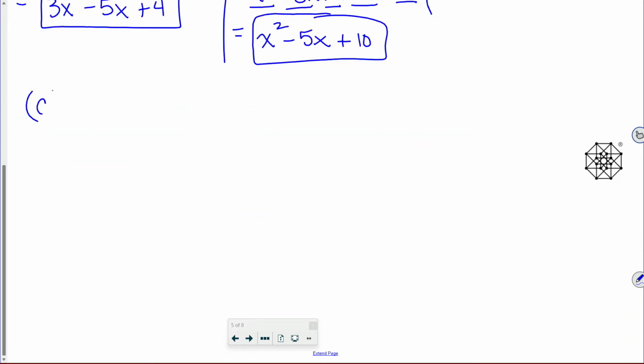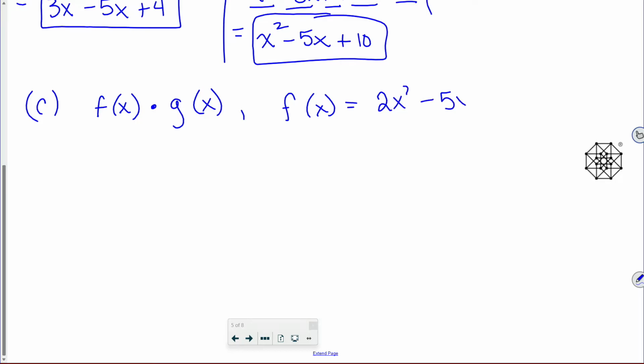So letter C, we want to do f of x times g of x. And let me just write what those two are down again so that we've got them. We've got f of x equals 2x squared minus 5x plus 7. And g of x is equal to x squared minus 3.